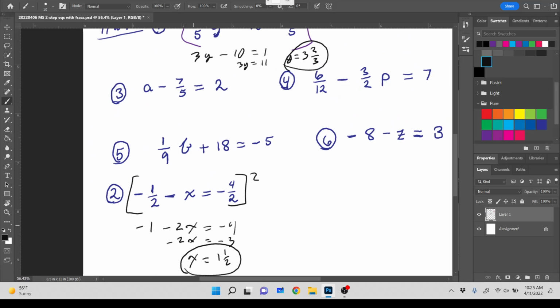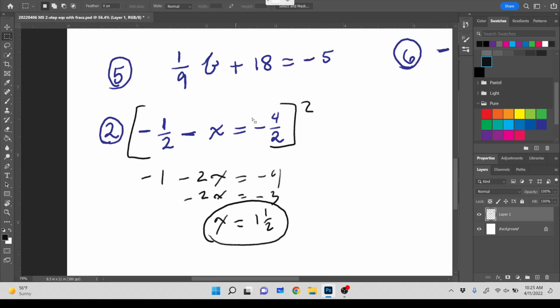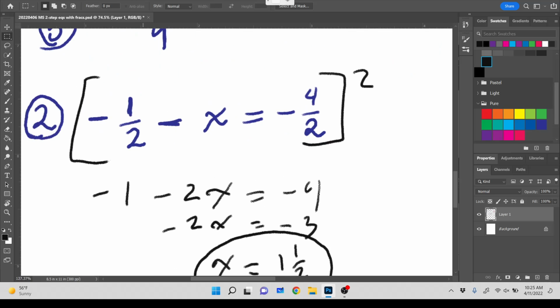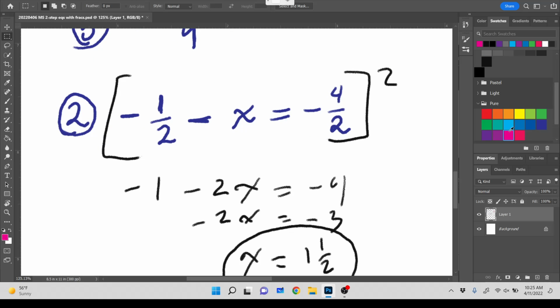But when you have a -x, you just put whatever is on the outside of the brackets inside the negative. Well, okay, I think I know what we're talking about. Let me clear my selection there. So remember, I think this is going to answer your question. If not, let me know.